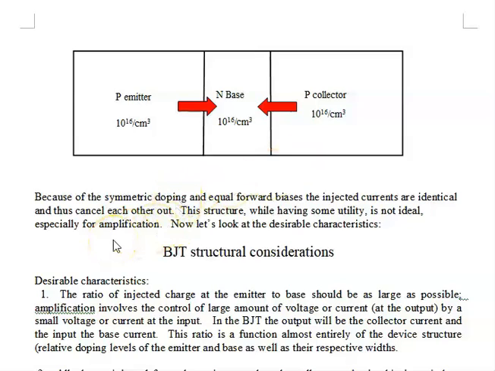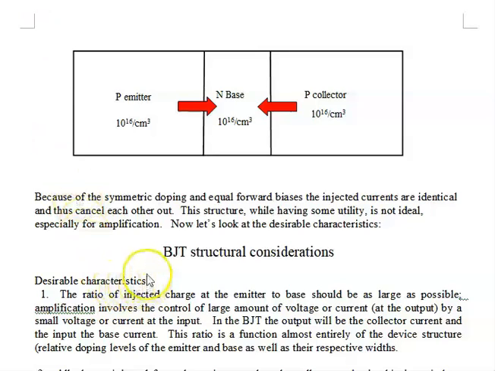Amplification is all about control. We control the current from the emitter to the collector, which is a large current, by having a little bit of current in the base. So a little bit of current in the input controls a lot of current in the output.